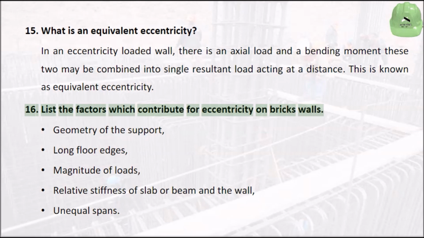List the factors which contribute to eccentricity on brick walls: geometry of the support, long floor edges, magnitude of loads, relative stiffness of slab or beam in the wall, unequal spans.